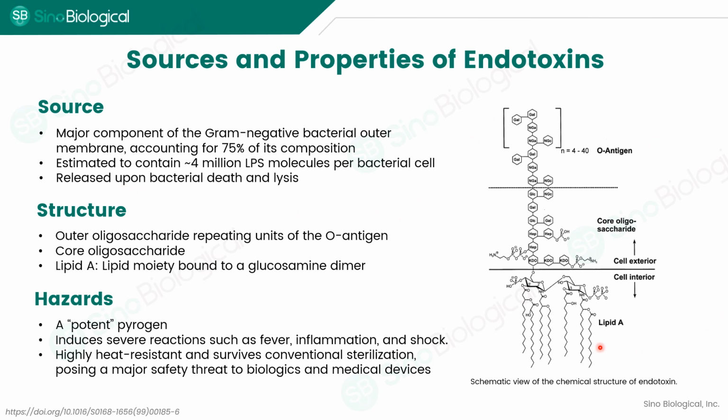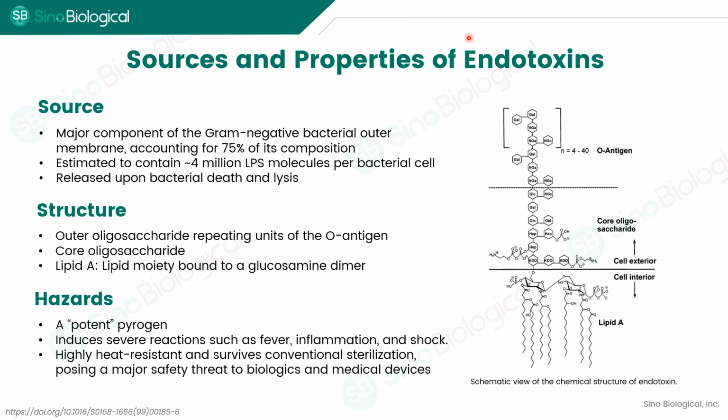So on the right-hand side, we can see the structure of LPS or endotoxin. The upper part is the outer oligosaccharide repeating units called O antigen. It is very strain-specific and will define the identity of a bacteria.